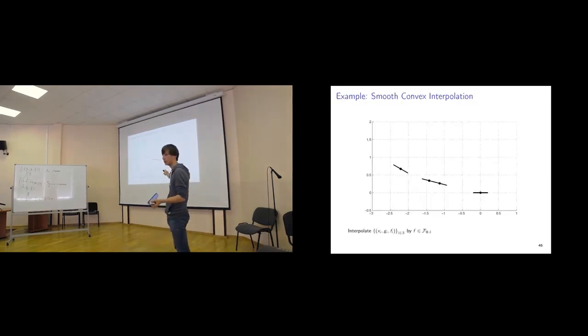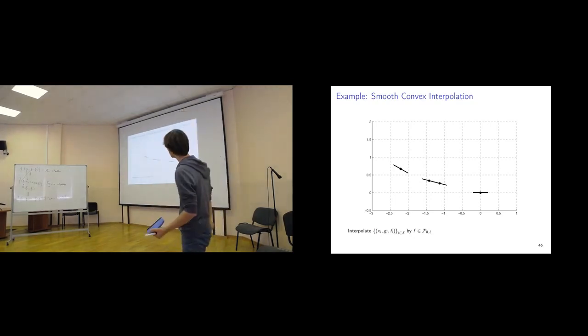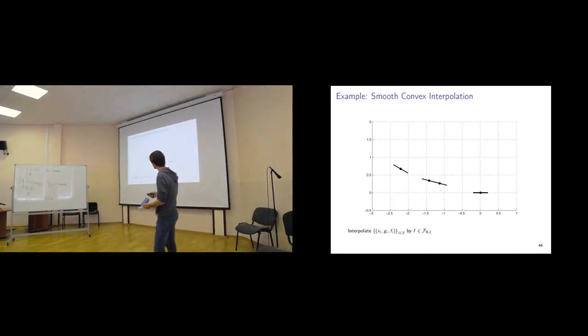Okay, so I'm given this set of points, and I want to interpolate them by a smooth convex function. The first thing I do is get rid of smoothness because I don't know how to handle that. So I conjugate, which allows me to replace smoothness by strong convexity, which is easier.